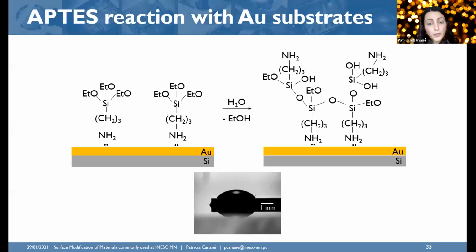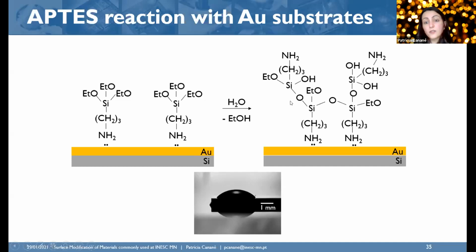So what we hypothesize is that because there was no control of the water present in the environment, which can be water inside the atmosphere of the desiccator or even present on the substrate, because the substrate did not suffer any heating step before silanization, it is possible that under pressure, the water that was present was able to hydrolyze some of the ethoxy groups that were present after the interaction, leading to the exposure of hydroxyl groups.